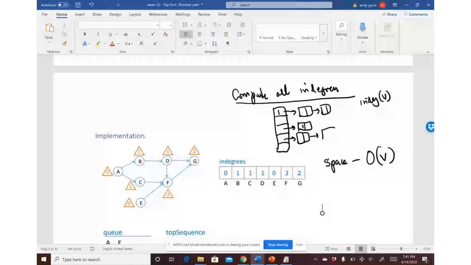So there could be a 1 here, 1 here. Okay, you find these ones in the adjacency list.